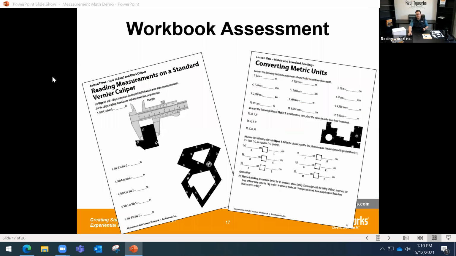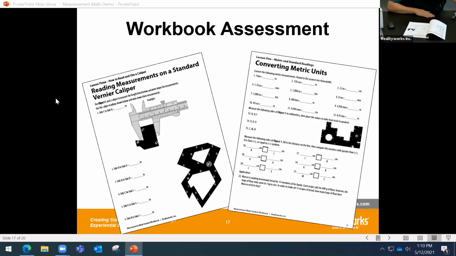So let's do a few just for example. I am going to zoom in here, jump on down, there we go, zoom in here, and I'm going to show you, going into my workbook here, I'm on page 13, and it's converting units, metric units.